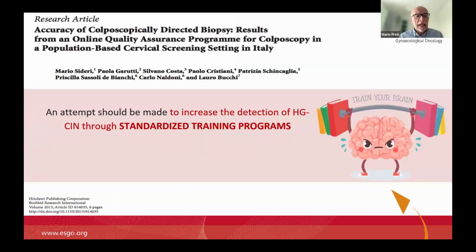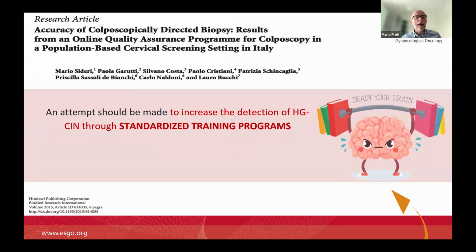Coming back to Italy, we can learn that attempts should be made to increase the detection of high-grade CIN with standardized training programs, and training programs are important in Europe, USA, and in Africa, in all the countries.